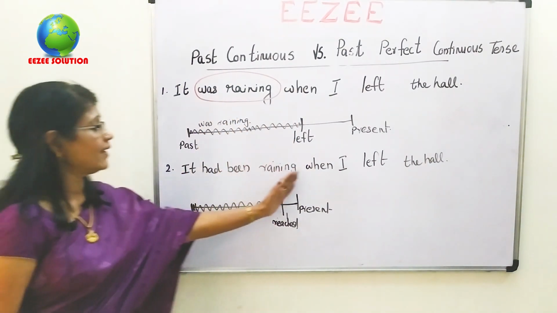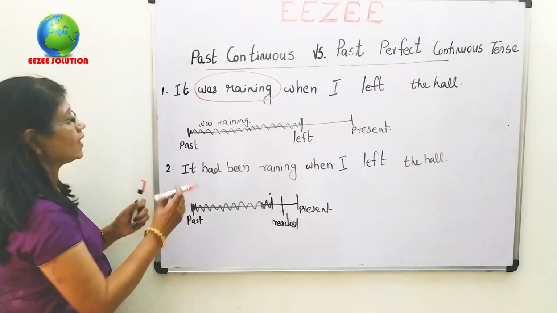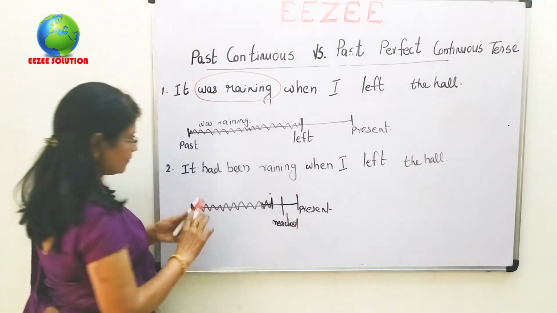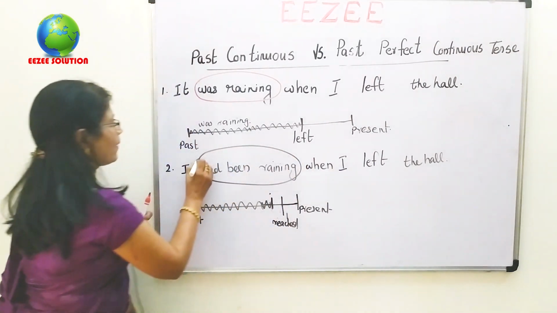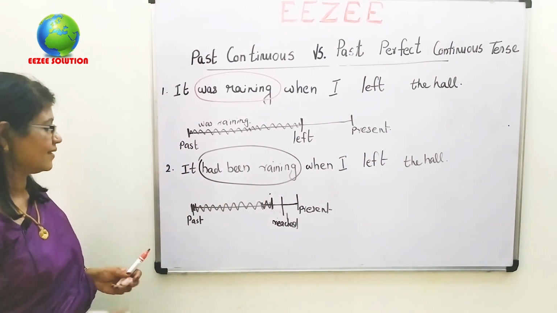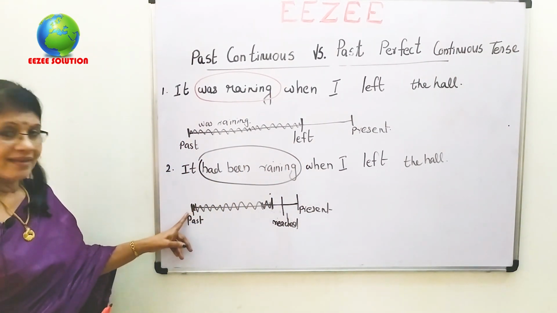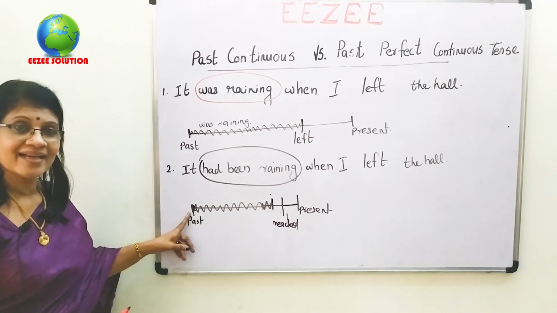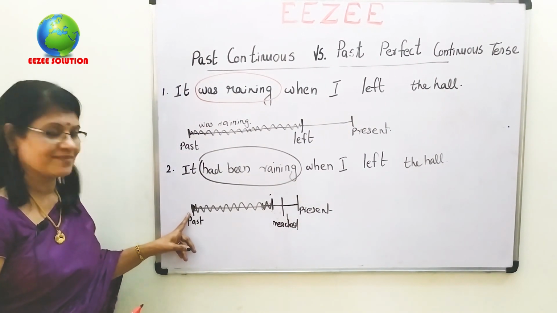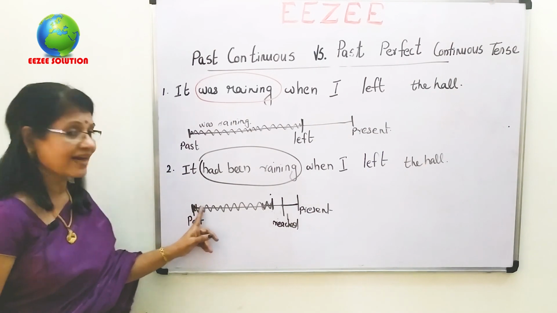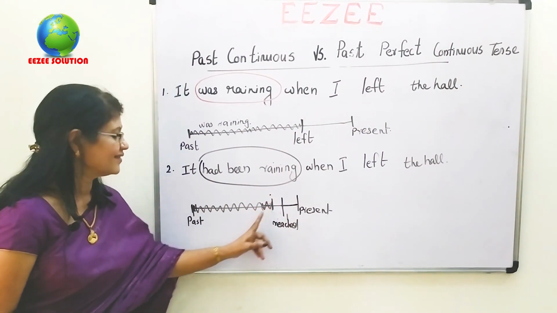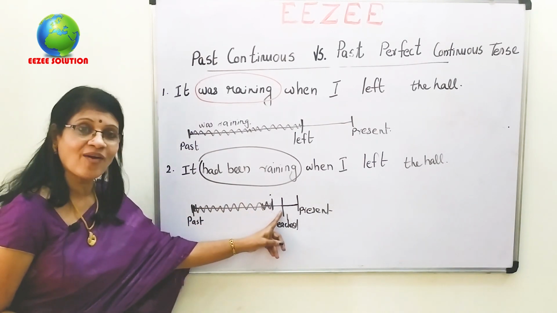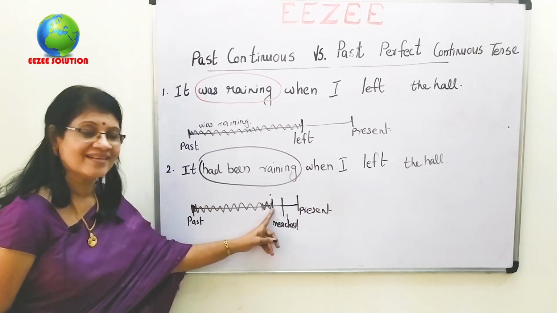Here, it had been raining when I left the hall. It had been raining. Past perfect continuous tense. Raining started in the past, it continued and it finished here. When I left the hall, the raining was not there.